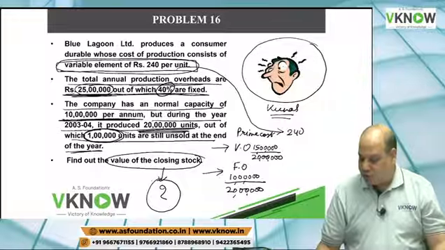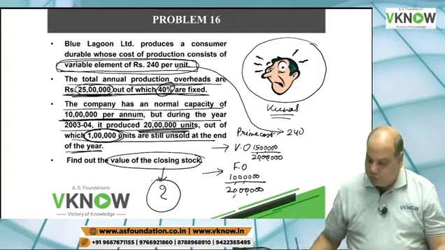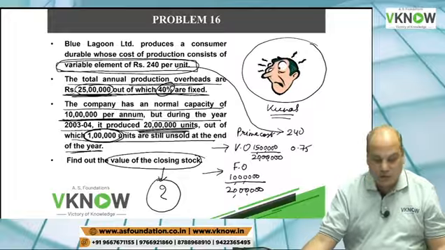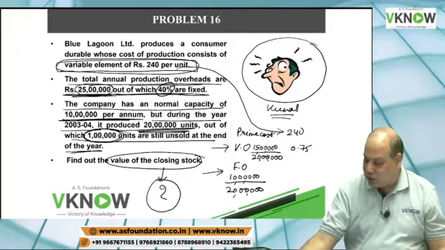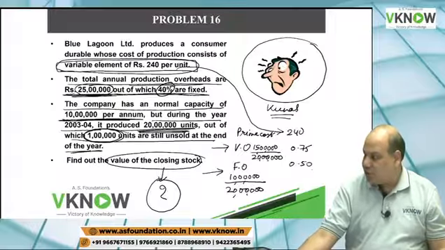240 is prime cost. Variable cost per unit is 15 lakh divided by 20 lakh, 0.75. Done. Those who have done, give me the answer. 10 lakh divided by 20 lakh, fixed overhead is 0.50.